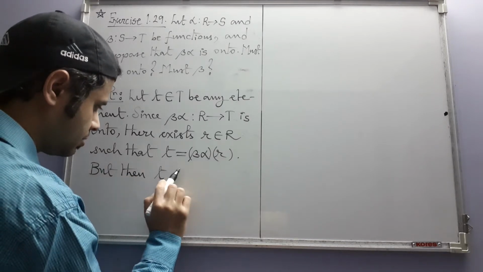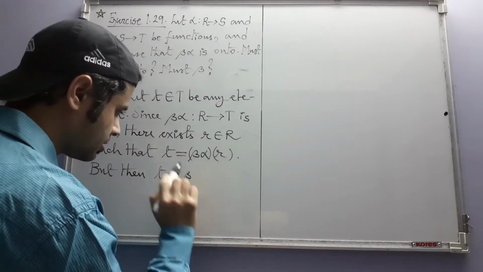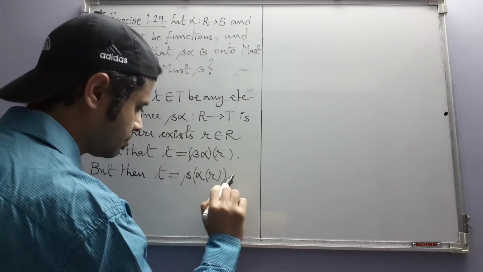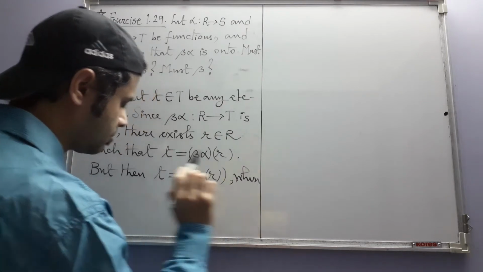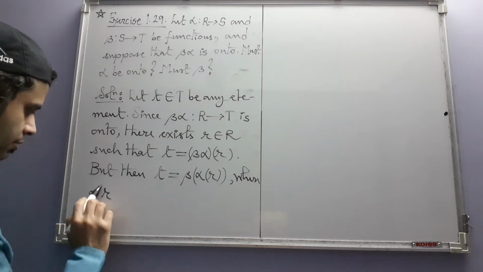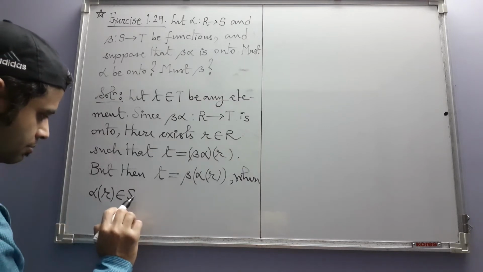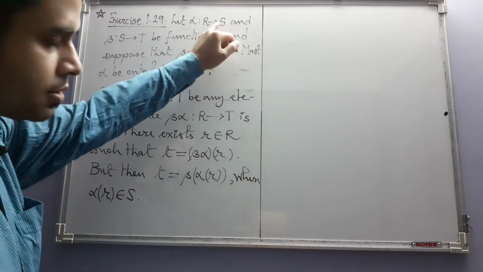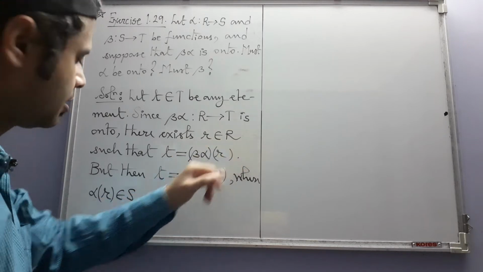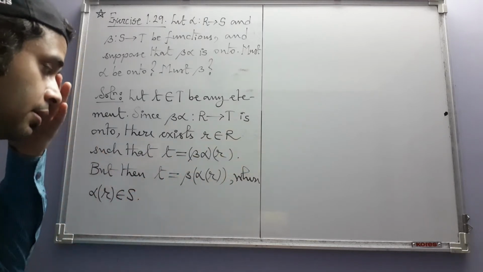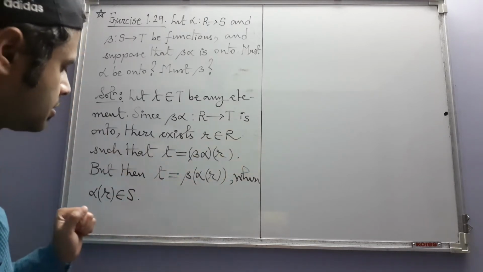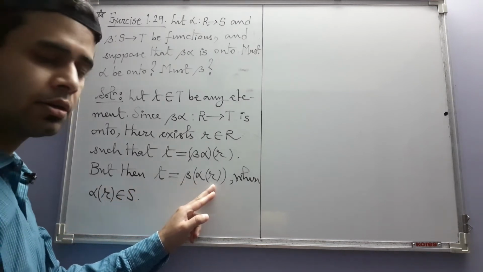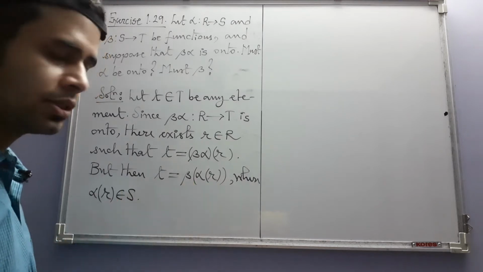But then this equation can also be written as t equals beta of alpha of r, where alpha of r belongs to the set S, because alpha maps R into S and r belongs to R, so alpha of r is in S. Now this equation says that t has the inverse image alpha of r under the function beta.